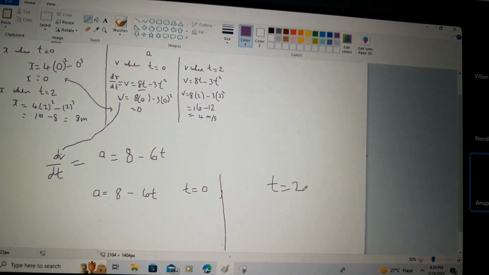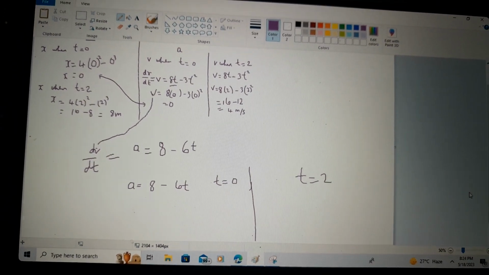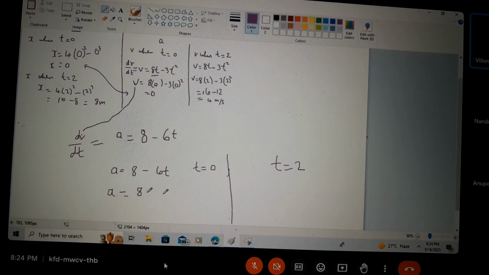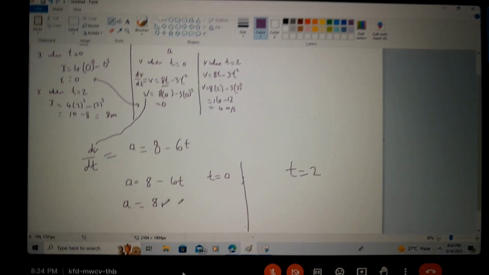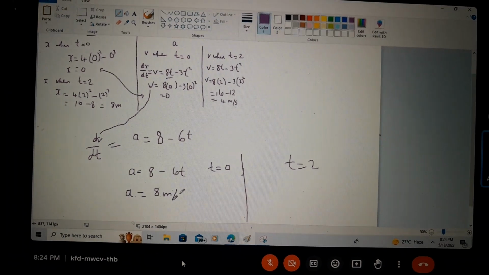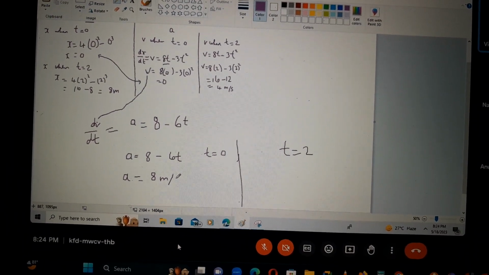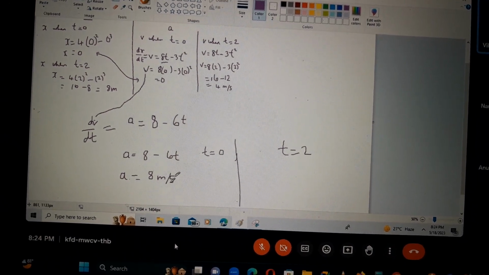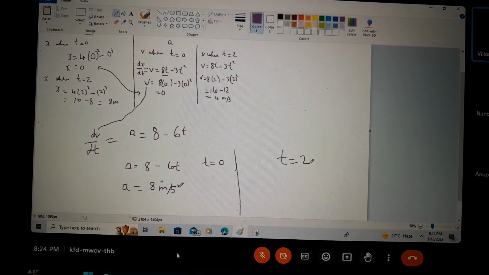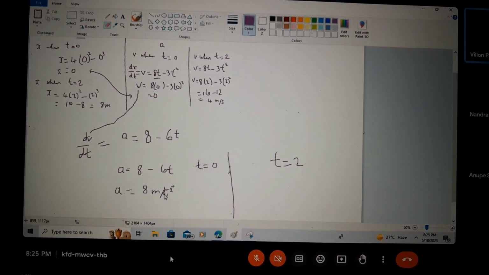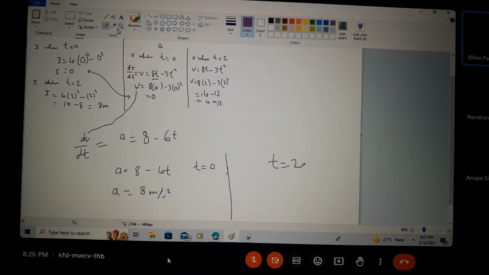Substitute 0 and 2 into the equation. So go ahead and let's see what our answers are. Meters per second squared, right? That's what we use for acceleration.